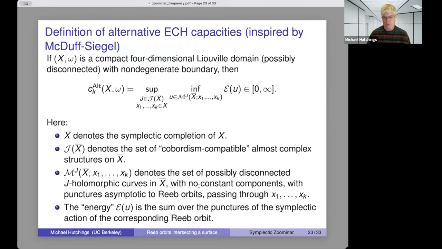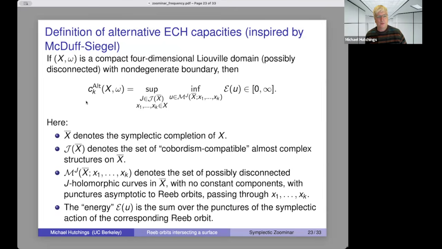Otherwise, I could easily go through all the points with just constant maps to each point. But the curve can be disconnected, and it has positive punctures asymptotic to Reeb orbits. And then this E of u is the energy, which is the sum over all punctures of the symplectic action of the corresponding Reeb orbit.